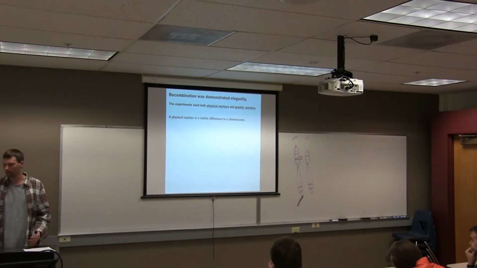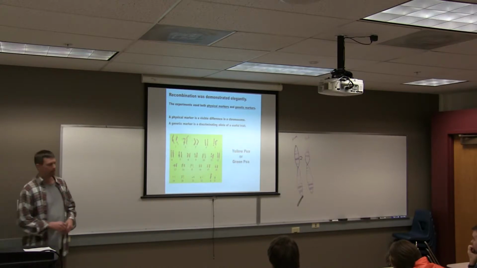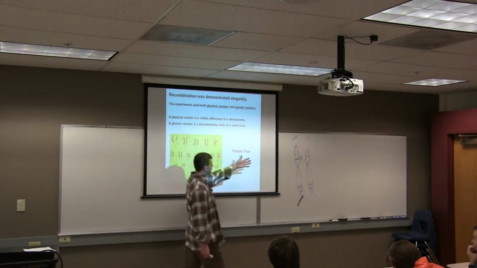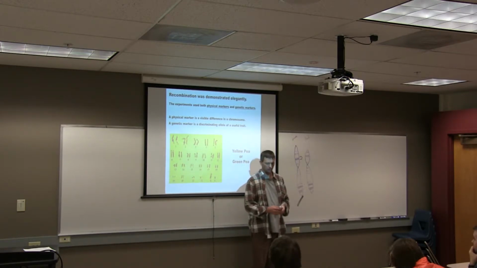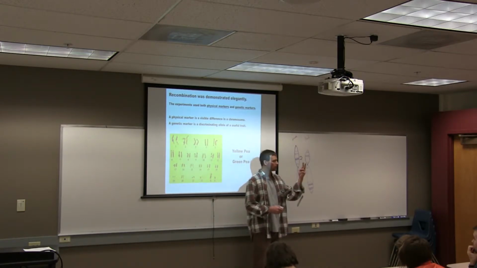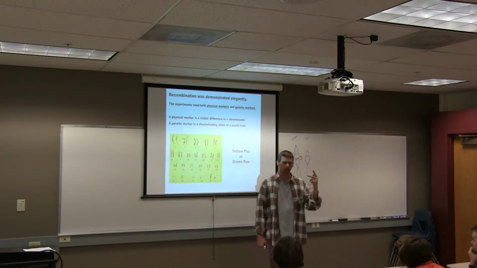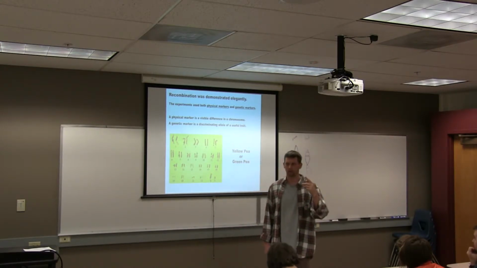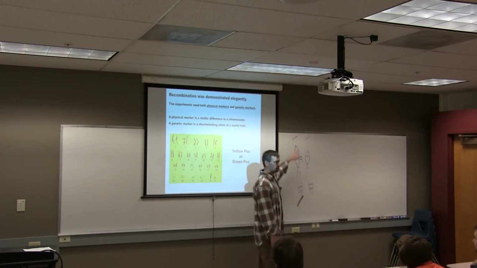So, turns out this chromosome that had these weird things on it is the chromosome that had the red eye or white eye gene on it, yellow body, gray body, and normal wild type wing or miniature wing. All three of those genes are on this chromosome.